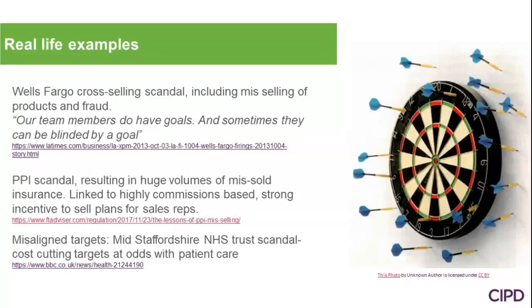And again, targets alone don't cause this. However, there was also a couple of whistles blown about their culture and their wider organisational values. So in combination, this seems to have an issue. And we can see similar outcomes with things like the PPI scandal, which is linked to highly commission-based selling, and also in some NHS trust scandals where targets of cost-cutting were at odds with patient care.